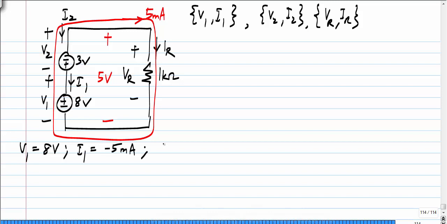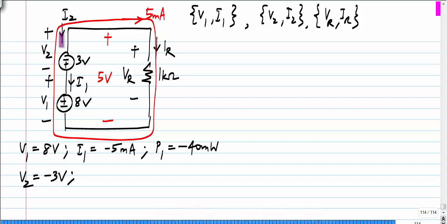And their product V1 I1, the power absorbed by the 8 volt voltage source is minus 40 milliwatts, and similarly for the second voltage source V2 defined this way is minus 3 volts, because I have taken V2 to be opposite in polarity to this one, but no matter, V2 happens to be minus 3 volts.